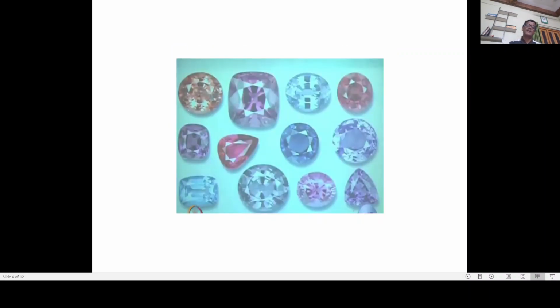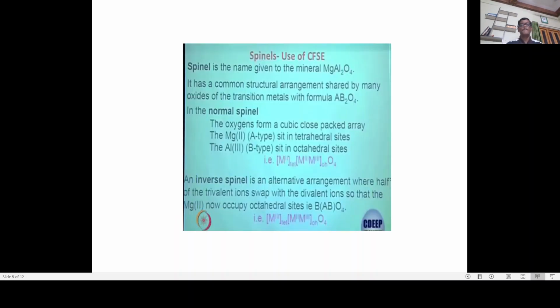Therefore, there are lots of colorful spinels here, and the spinel uses CFSE.